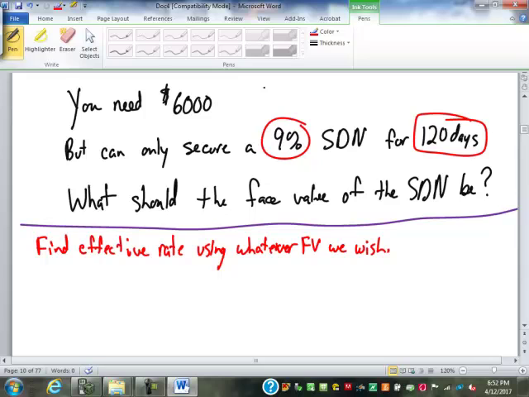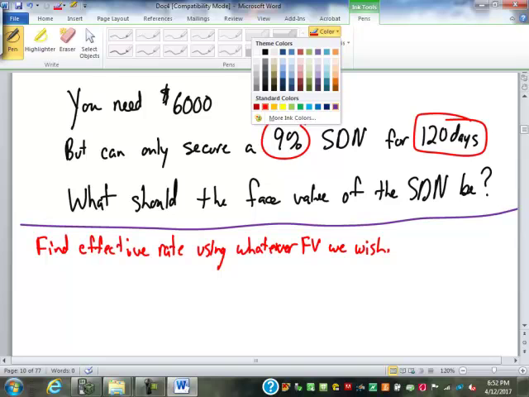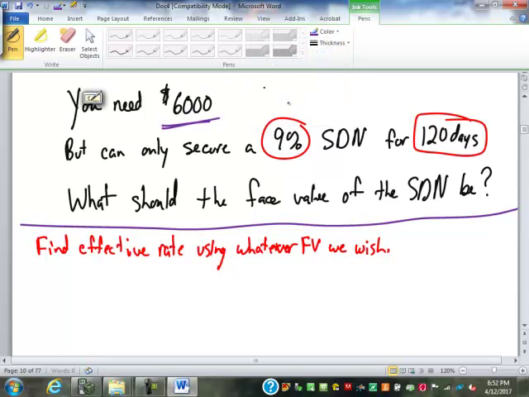This is also true, by the way, in another week when we get to compound interest and start talking about effective rate. We can get effective rates for compound interest using whatever face value we wish. That is also completely determined by the rate, the compounding period, and the time. Now, since 6,000 was given in the problem, I'm just going to use the 6,000.